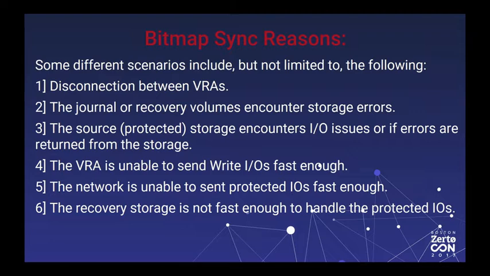So we go into a bitmap. We're sending the IOs, but the protected VM is writing faster than we can send. So we need to keep track of that in a bitmap. Also, if the recovery storage is slow, that means the recovery VRA cannot write the changes to the recovery volumes fast enough, which again triggers a bitmap sync.